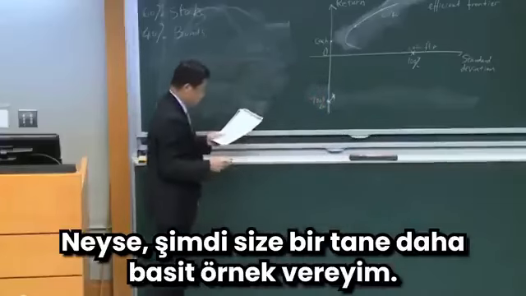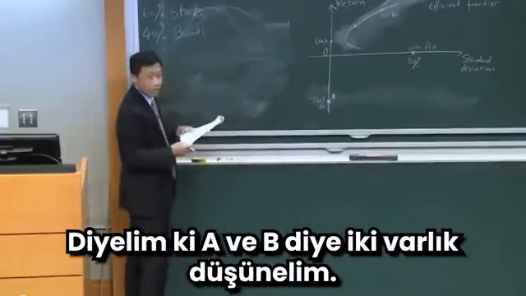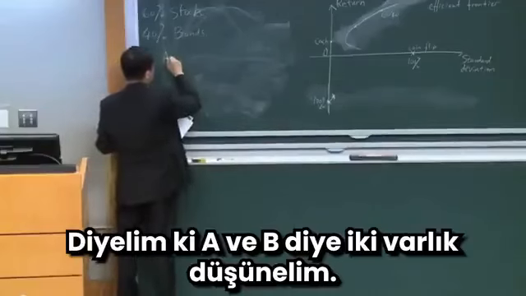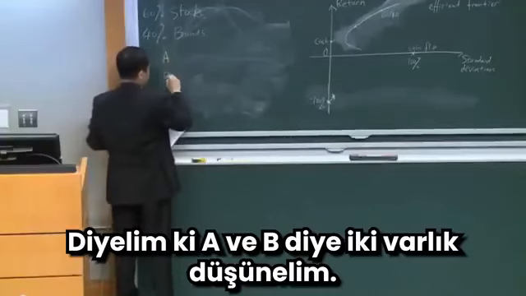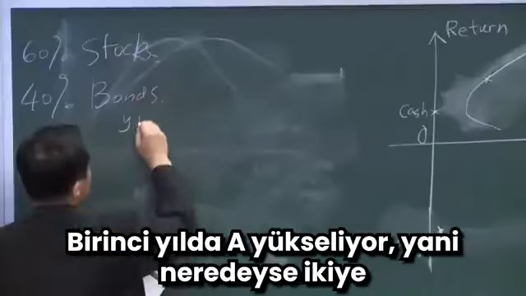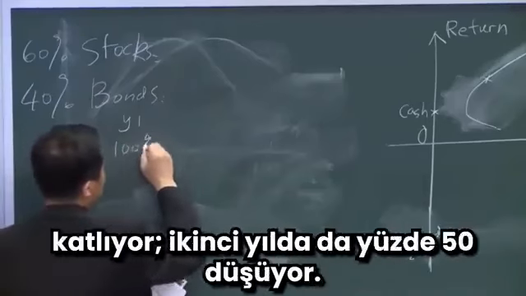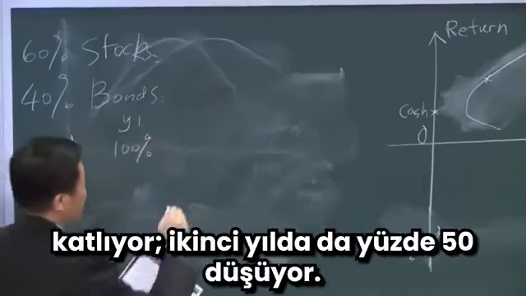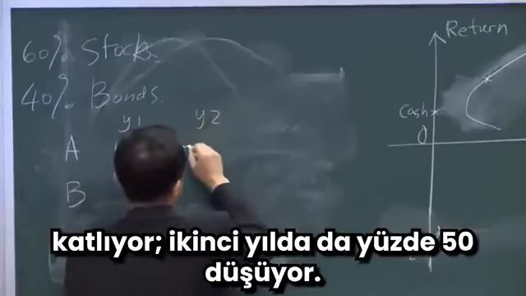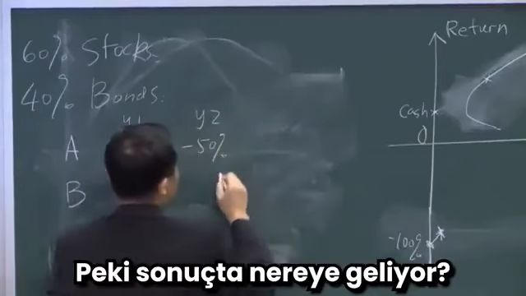Let's consider two assets, A and B. In year one, A basically doubles, and in year two it goes down 50%.